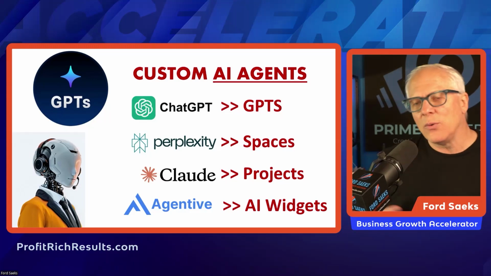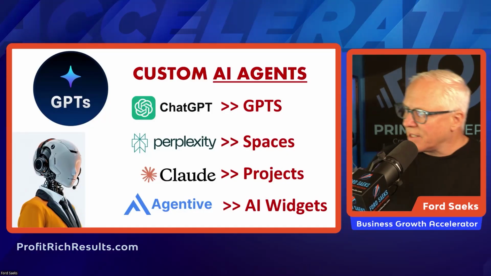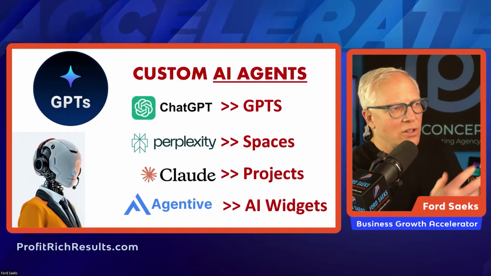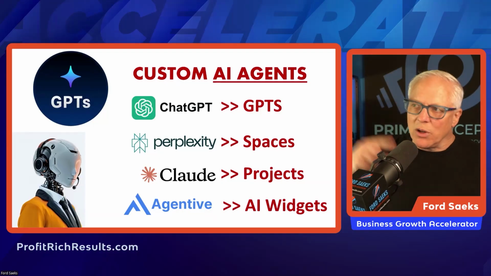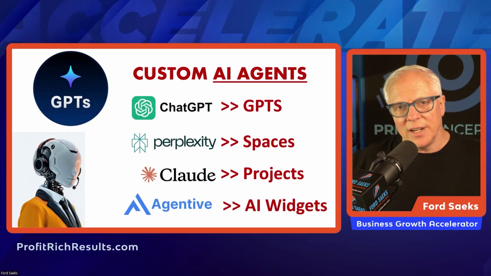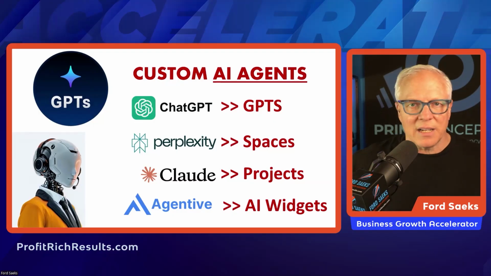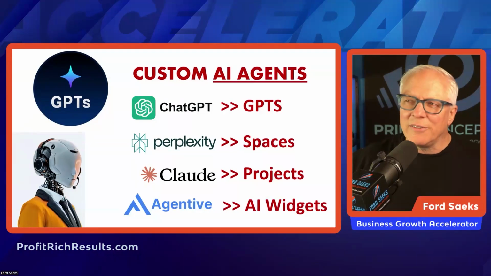See, right now, if you wanted to use ChatGPT's agent, you got to be in ChatGPT. If you want to use Perplexity Spaces, you got to be in Perplexity. If you want to use Claude Projects, you've got to go in to Claude and work within that program. Even though it can go out and get data, you're in that program. What Agentive Hub does, and this is not an endorsement, I don't make any commissions for anybody who uses these services, is allows you to create a custom agent that's going to look and feel a lot like a custom GPT with the difference of deployment.